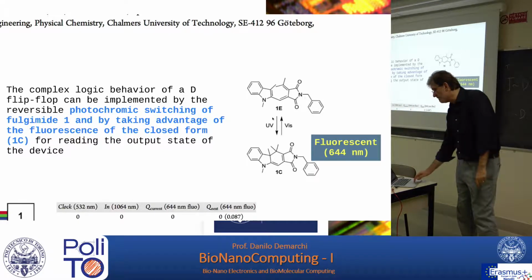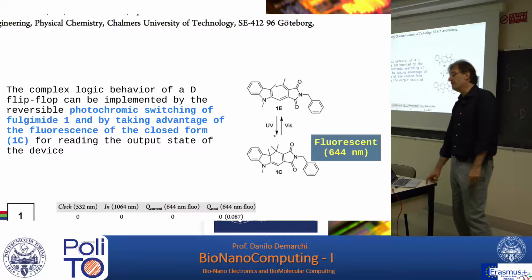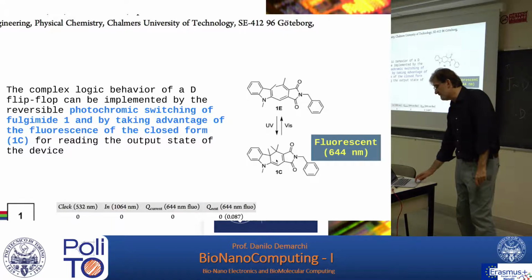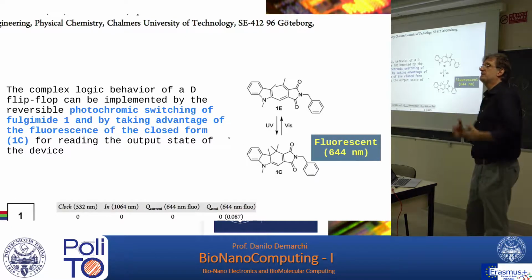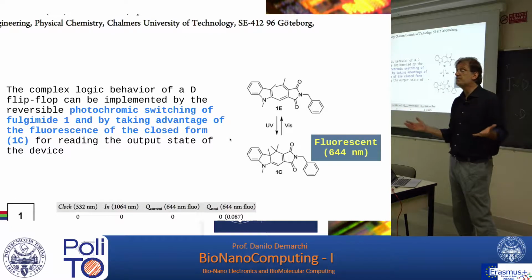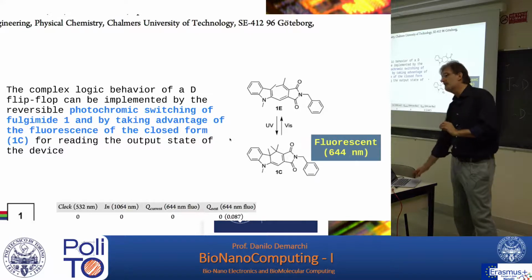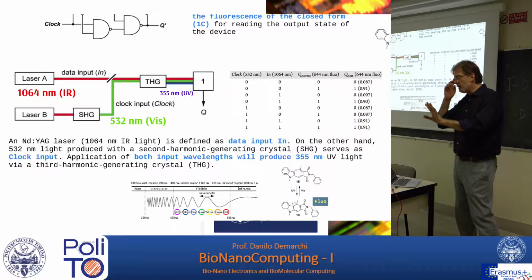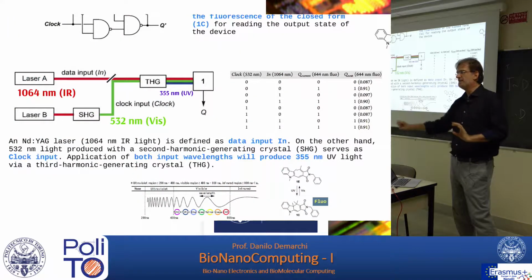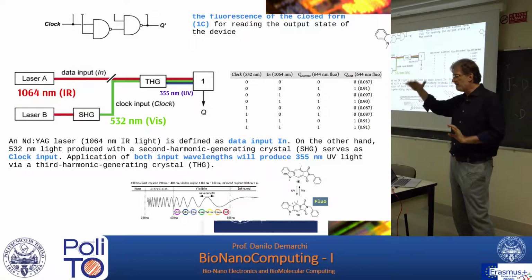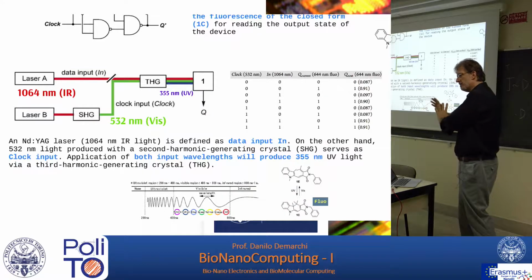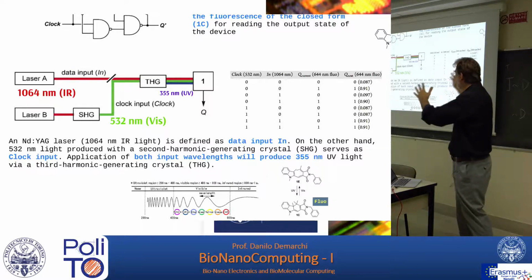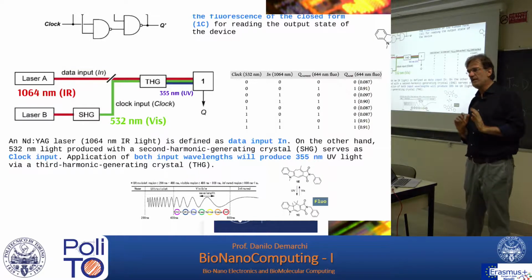If I illuminate my molecule with ultraviolet, it becomes the state 1C, and 1C has a fluorescence at about 644 nanometers. How can I exploit this molecule for building a flip-flop? Guys, with a complex system we will reach more interesting applications, but the path I want to follow with you is step by step, okay? But let's see. Can I make a flip-flop of it? Let's see.